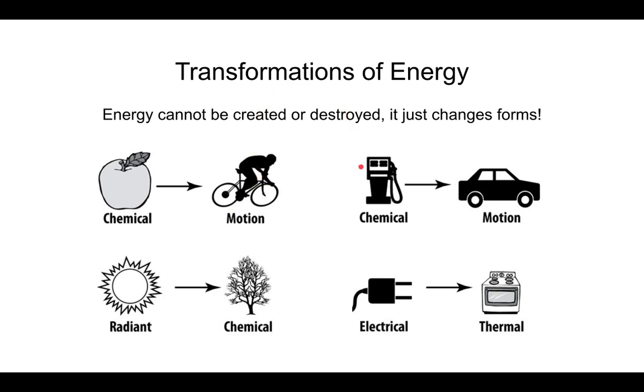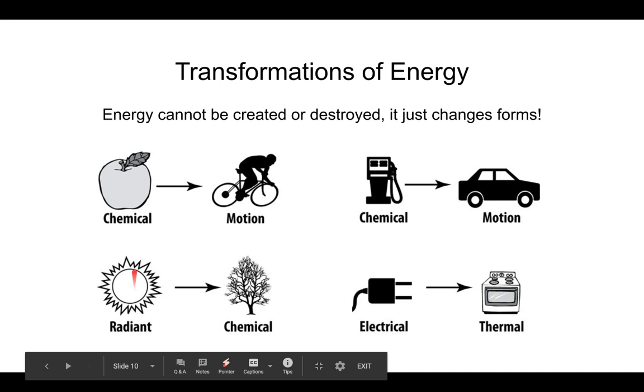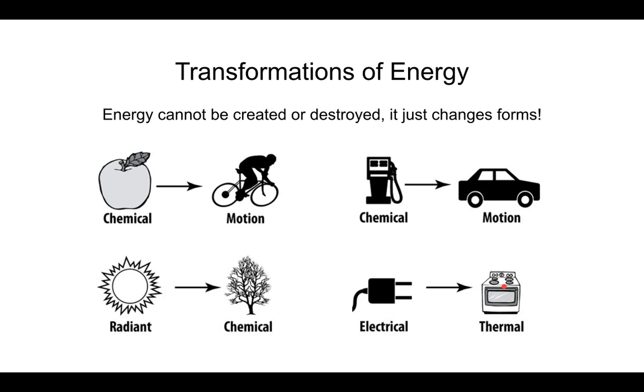We can put gas in our car, which is chemical, and then our car can use that energy to transfer that chemical energy into energy of motion or kinetic energy. Radiant energy from the sun can be transferred into chemical energy in plants. Electrical energy from our outlets can be transformed into thermal energy in ovens.